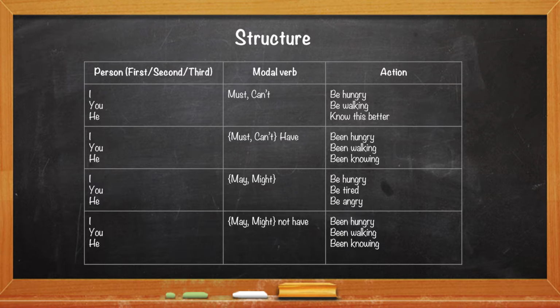He must have been hungry. He must have been walking. I may, might, be hungry, be tired, be angry. You might be tired. He might be angry. I may have been hungry. You might have been walking. So, these are the common structures that are used with modal verbs.